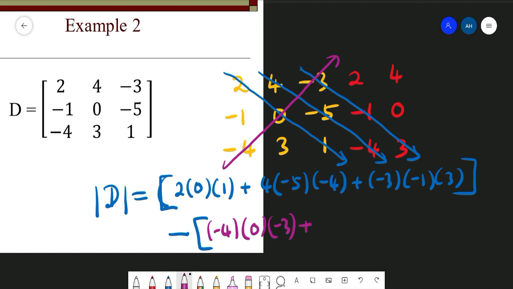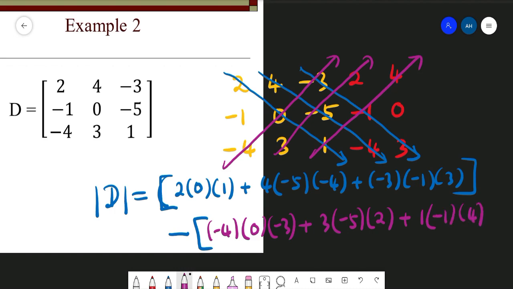Now my second arrow is this, and the numbers on that arrow are 3 multiplied by negative 5 multiplied by 2, plus the last arrow will be this one, that is 1 multiplied by negative 1 and multiplied by 4, and I close the bracket.